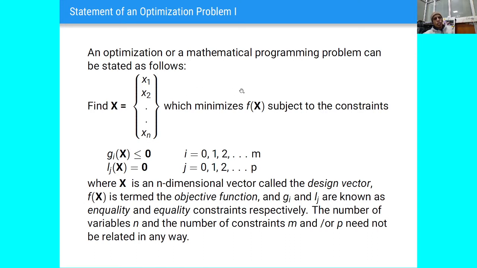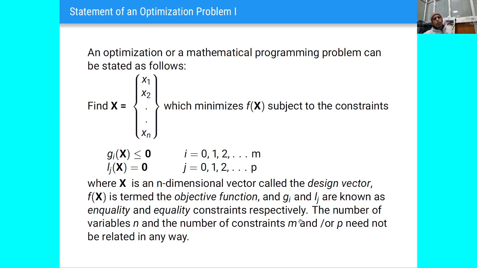This way, your mathematical problem or optimization function f(x) is being minimized, subjected to certain constraints. One thing is also notable here: n, m, p are all independent variables. They are not dependent in any sense on each other.